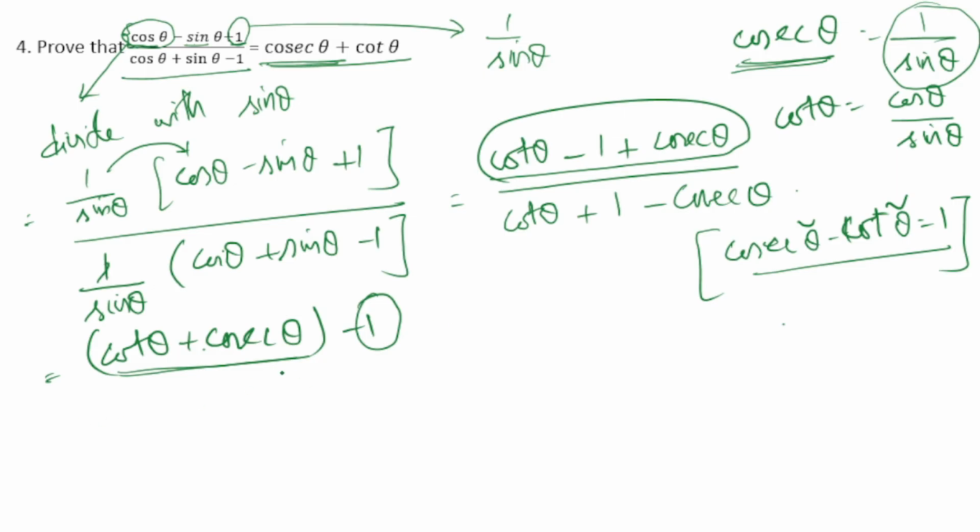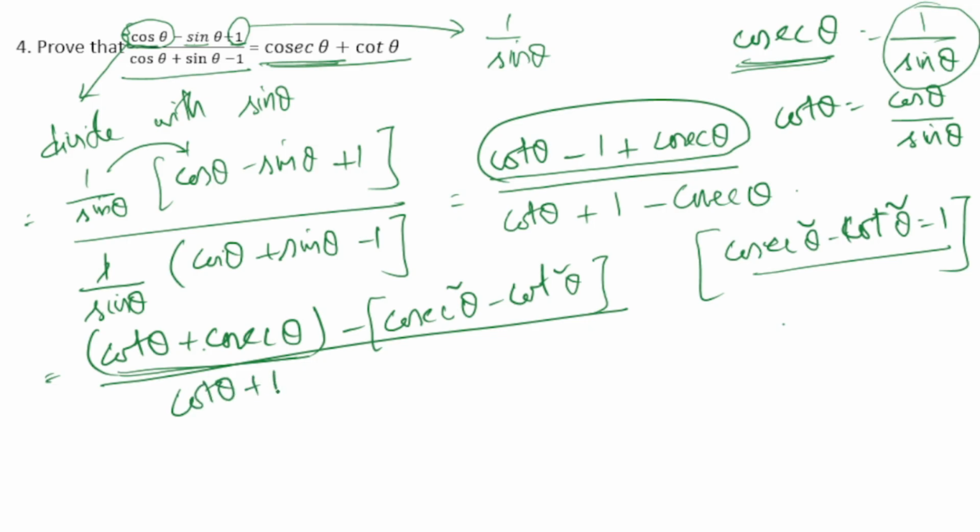Instead of 1, we will write this identity. It is cosecant square theta minus cot square theta divided by, we'll write the same term here, cot theta plus 1 minus cosecant theta. See, this is in terms of a square minus b square.